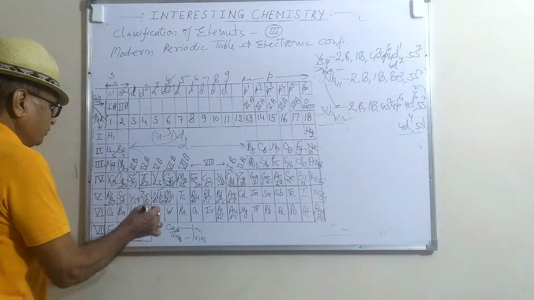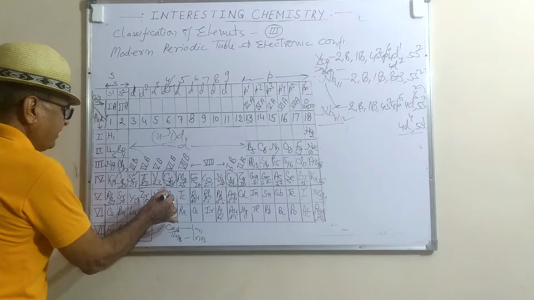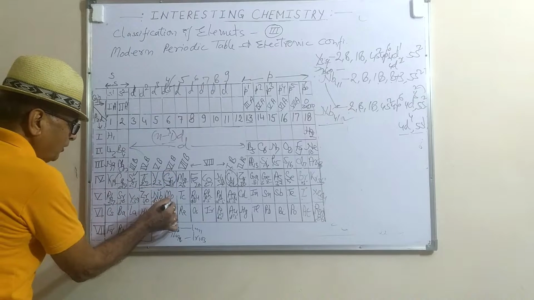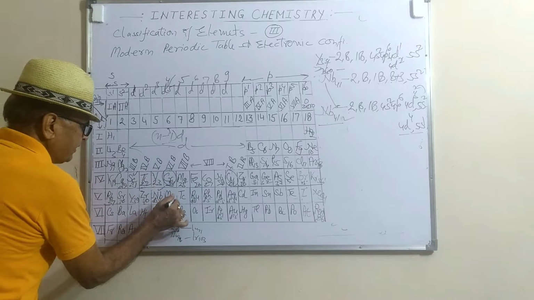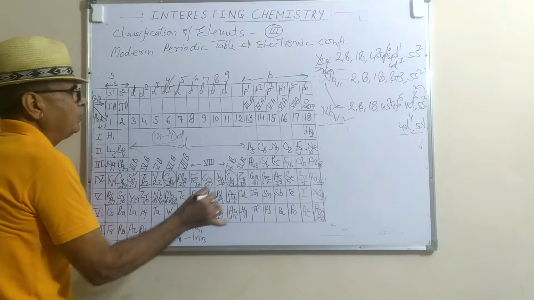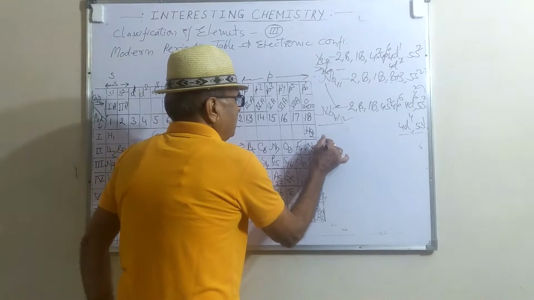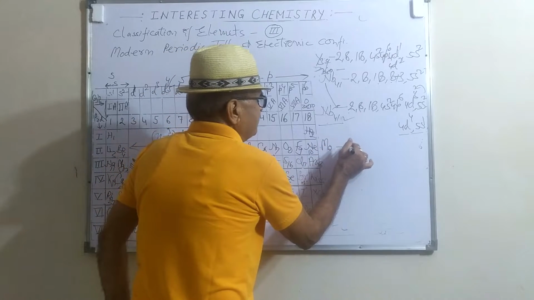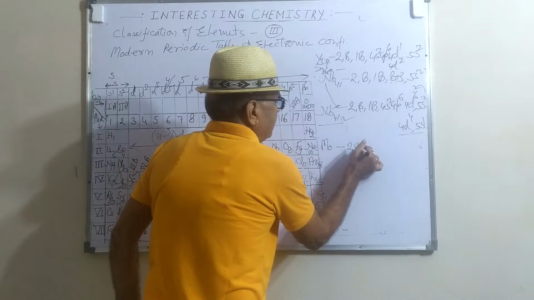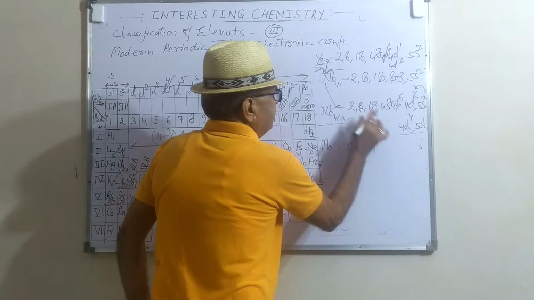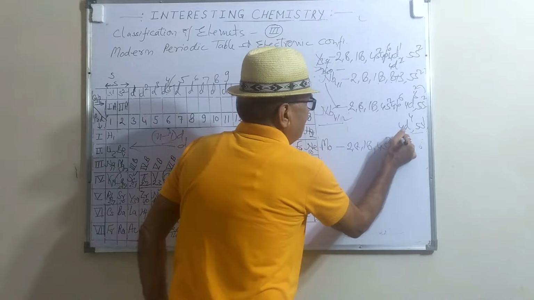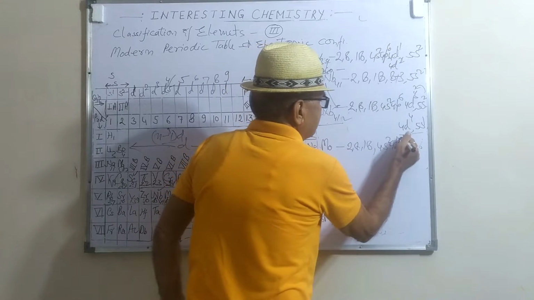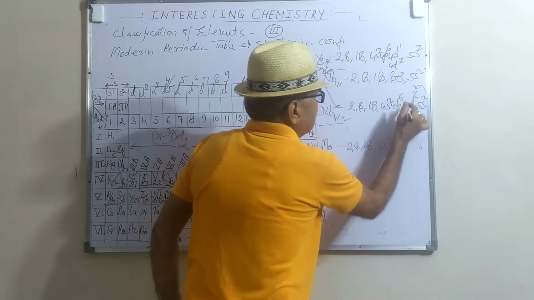Now come to zirconium, niobium, then again like chromium, this one molybdenum. The number of molybdenum is 24 plus 18, which is 42. Molybdenum in the same manner, 2, 8, 18, 4s2, 4p6, and 4d.